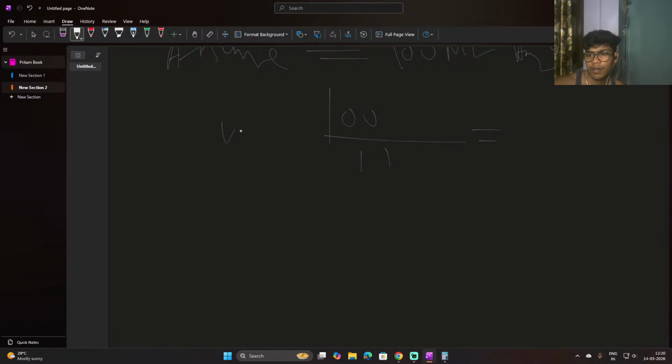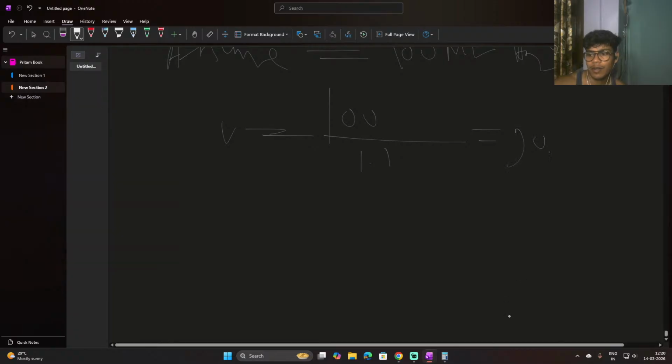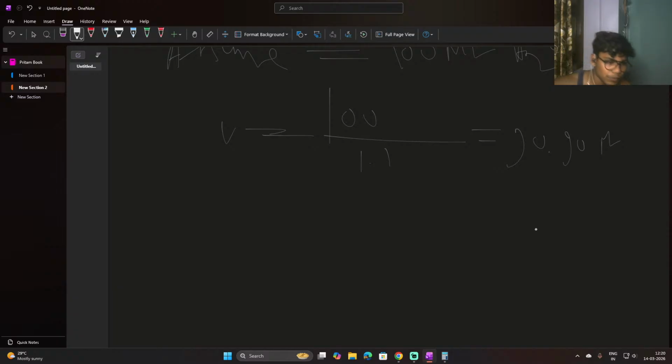Now volume equals, now calculate that. 100 divided by 1.1, so we'll get 90.90 ml. So this is the volume of water.